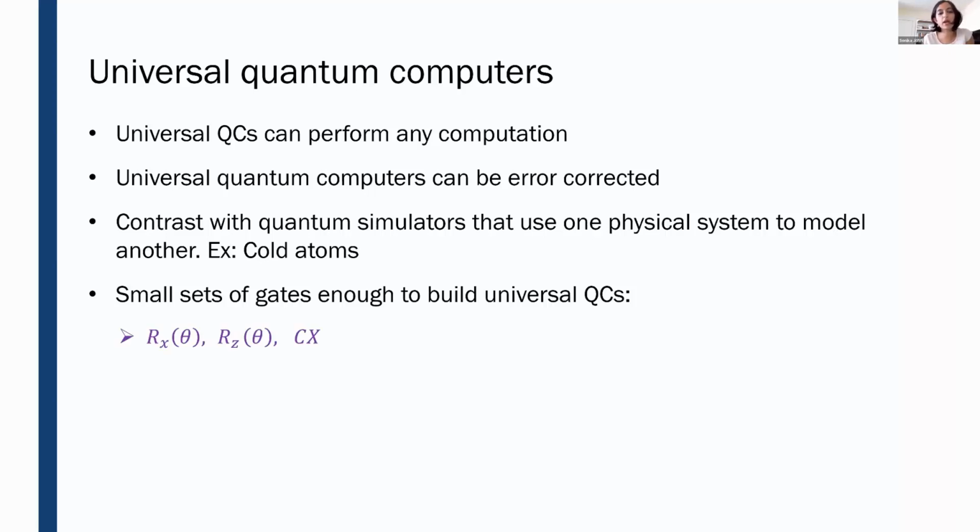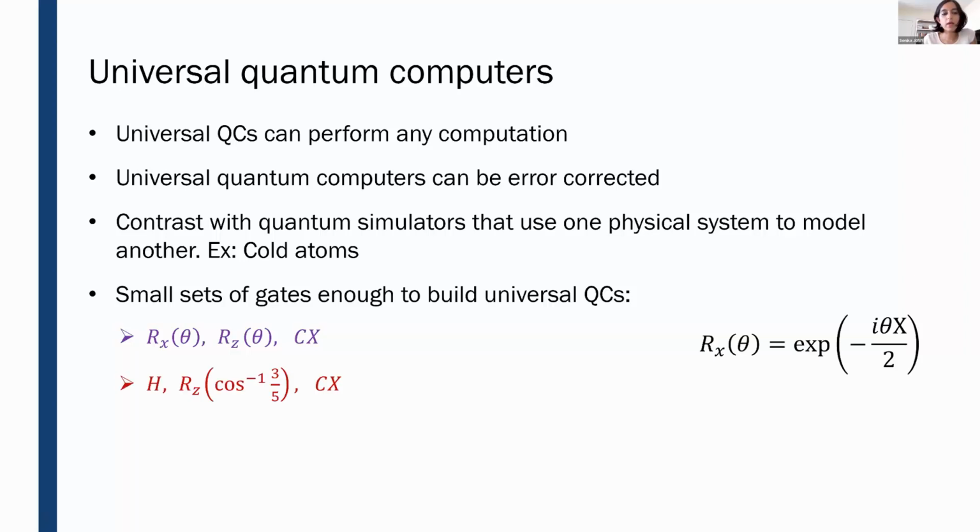For instance, if you had single qubit rotations about 2 linearly independent axes and any 2 qubit gate, that's enough to carry out these 3 logical operations. They're enough to build your universal quantum computing system. Another set of universal operations would be this one.